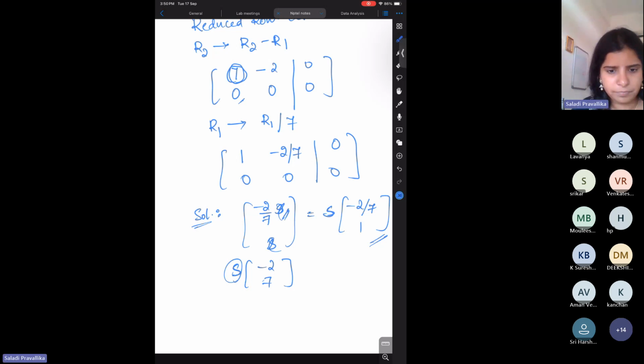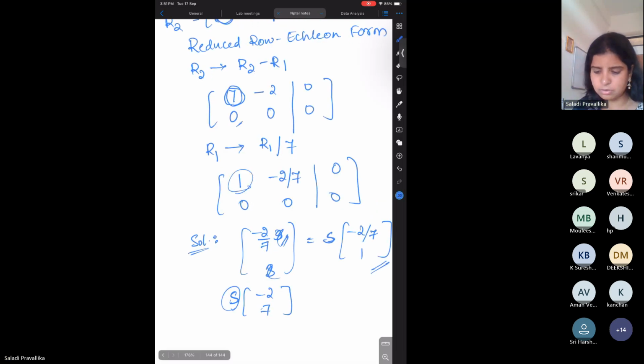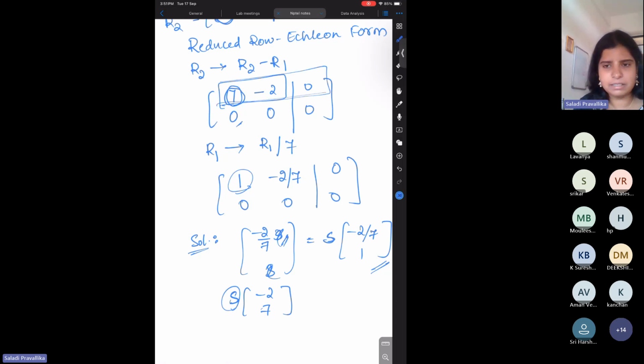Is it clear? How I got 1? Is it this one? Basically, I'm dividing this whole thing by 7, so that this becomes 1, and this becomes minus 2 by 7, and this becomes 0 by 7.